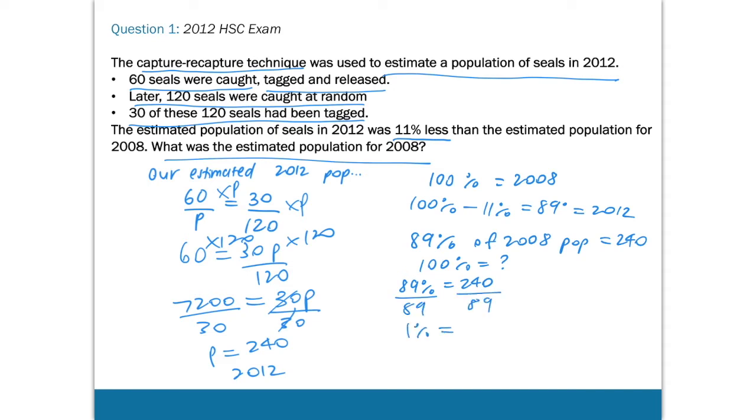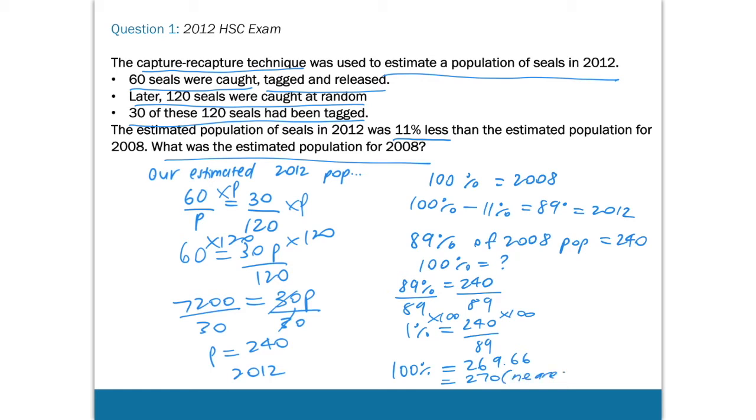1% is equal to 240 over 89. Just leave it as a fraction, that's fine. Times both sides by 100 to get 100%. So 100% equals 269.66, which is 270 to the nearest whole number.